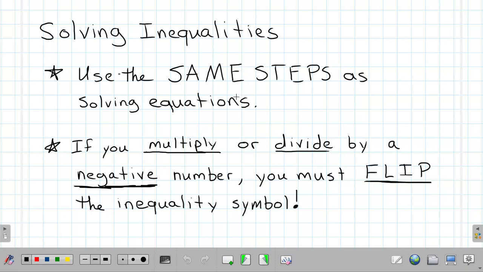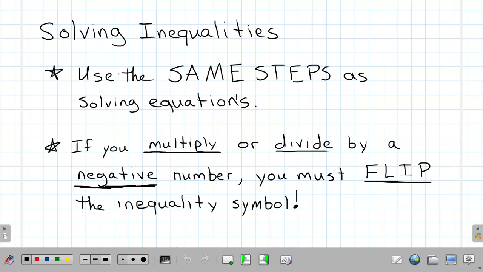Everything that we've talked about in solving one-step equations, two-step equations, possibly square root equations, although square root equations and inequalities sometimes don't mix, because you'll learn more about that as you get further into math. So you really shouldn't have to worry about square root inequalities at this point.